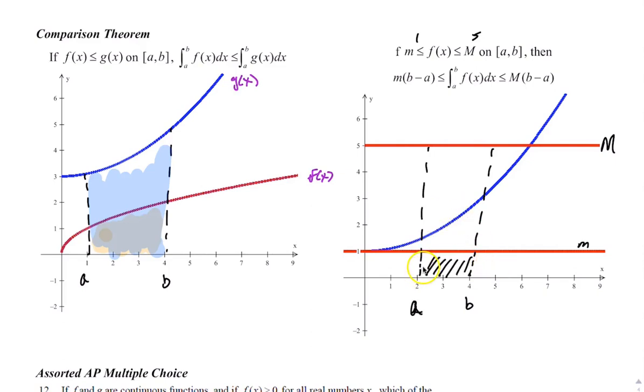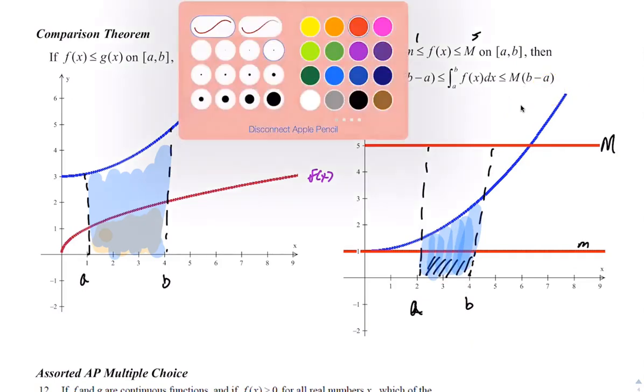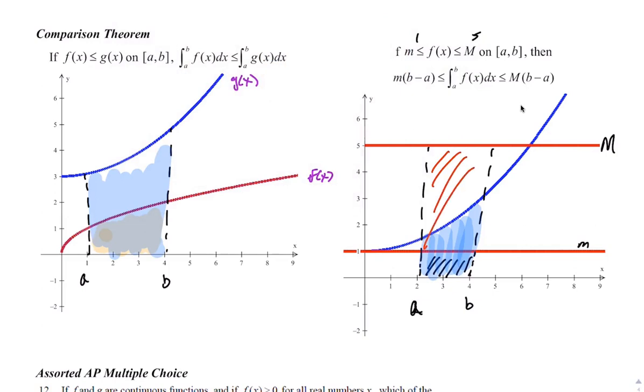Since m is small, that's a small rectangle. The integral of f of x is just that curve. So it's going to be this guy, the area under that curve. Well, that's bigger than the rectangle. And if you do the big M, the area of that guy is the rectangle from there to there. So that's bigger than all of them. So that's all it's saying. This area is going to be smaller than the area of the curve, which is smaller than the area of the whole thing.